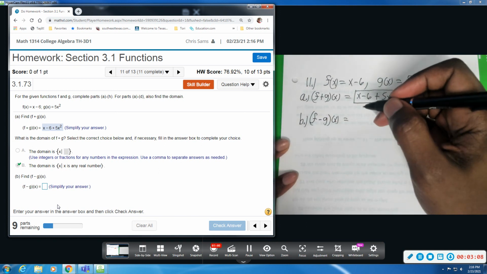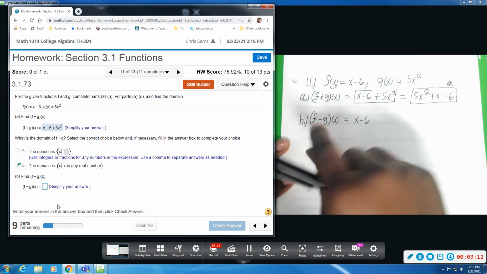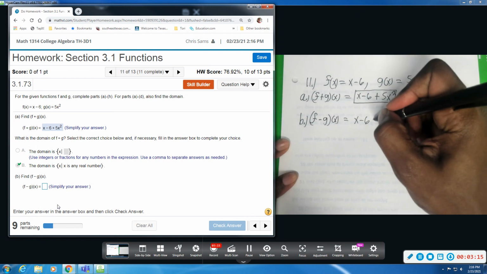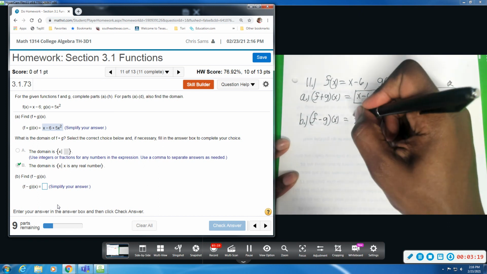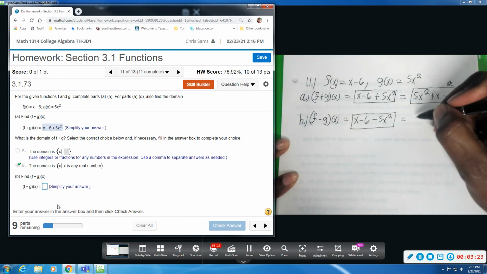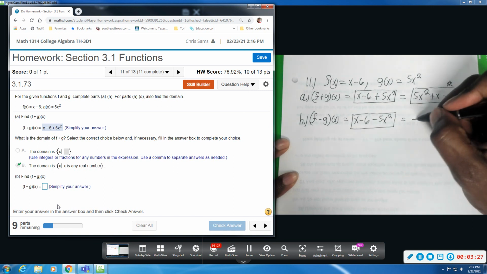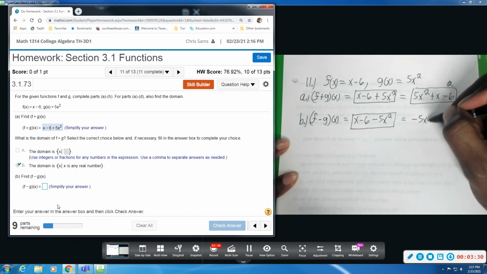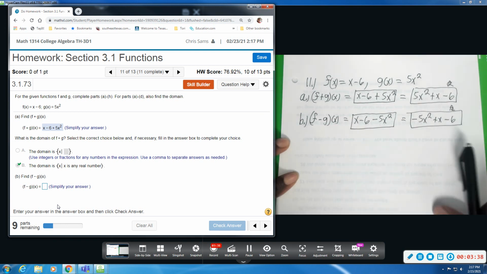And this will give us x minus 6, the f part first, and then minus the g part, minus 5x squared. So again, I'm just going to leave it like that. If you want to rearrange it, it would be better if you put the 5x squared out front. It is negative, so you have a negative 5x squared, and then a positive x, and then a minus 6. That's even better if you can do it that way. But this is fine.